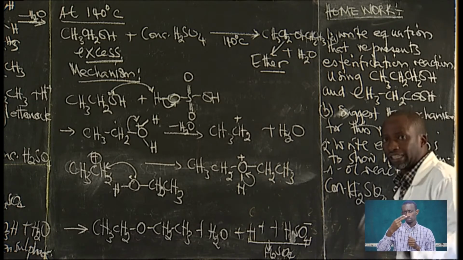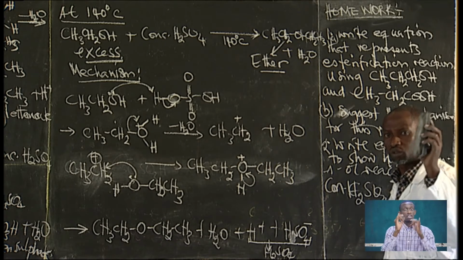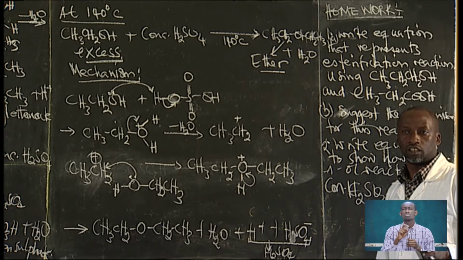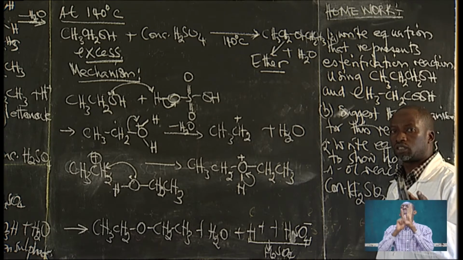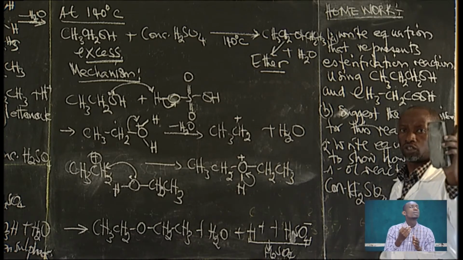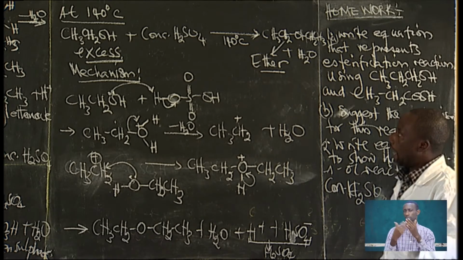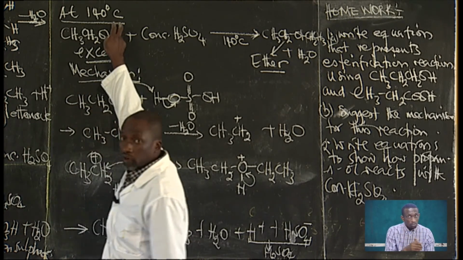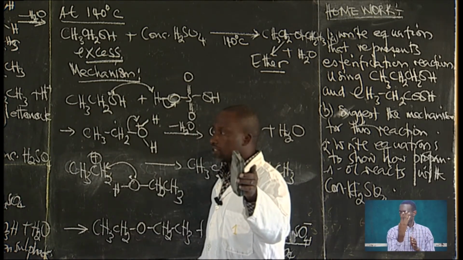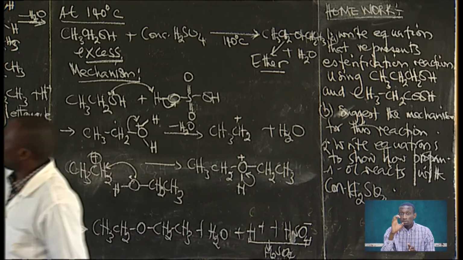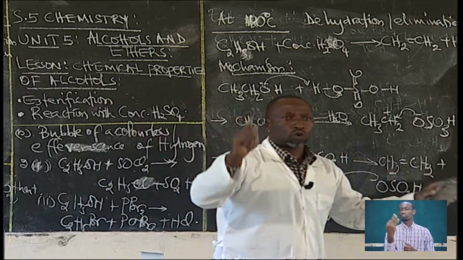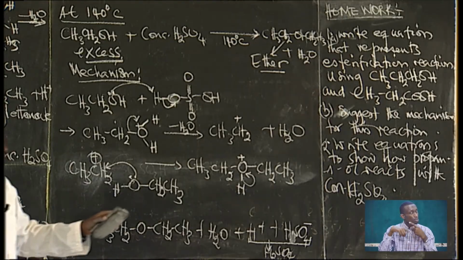When we say write equations, that means you have to consider all the conditions that we have stated. You still remember the conditions? We said there are 3 conditions: at 0 degrees Celsius, at 140 degrees Celsius, and at 180 degrees Celsius. Those are 3 conditions. So you still need to consider those reactions.